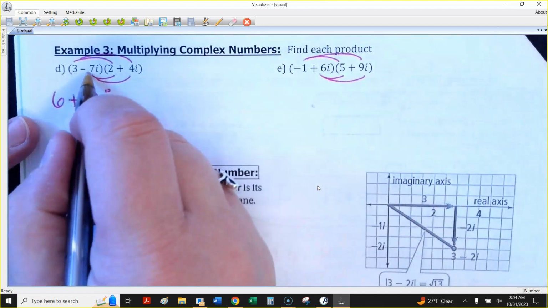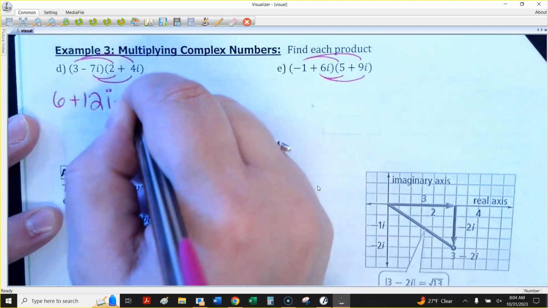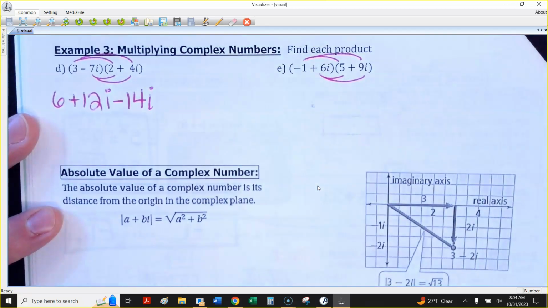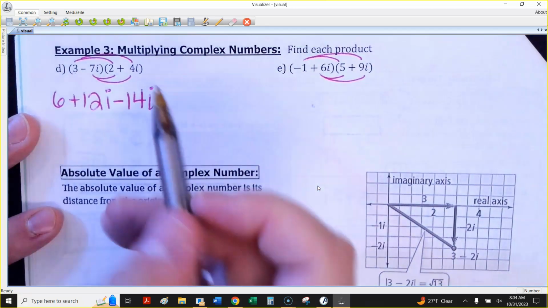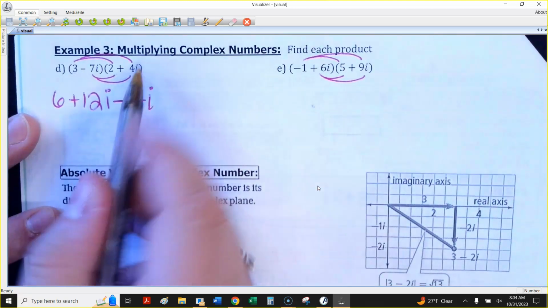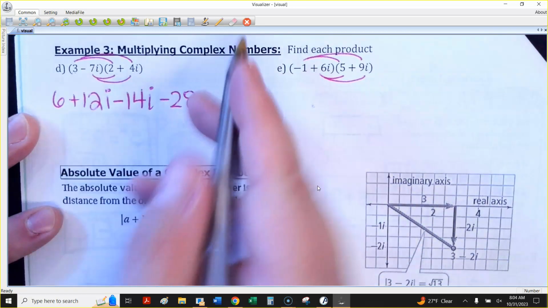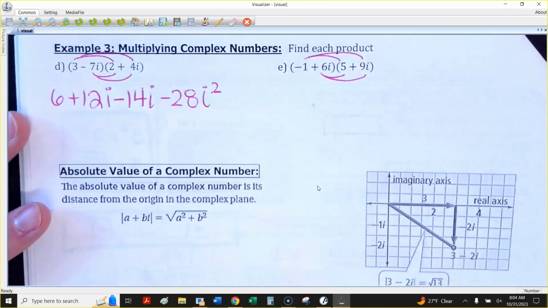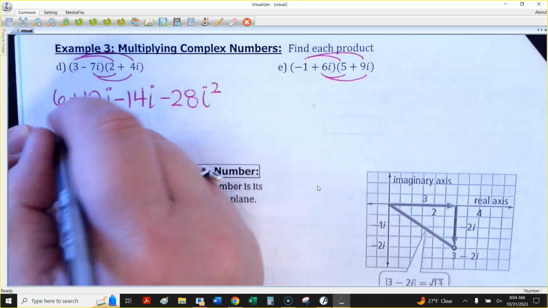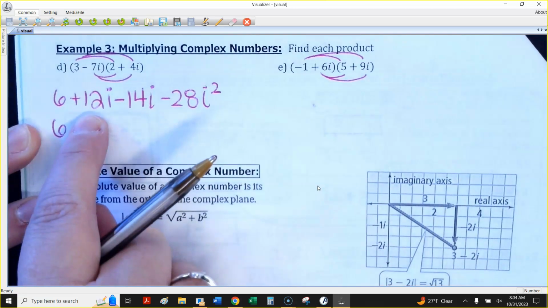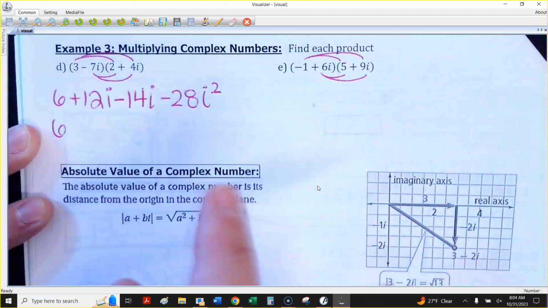Negative 7i times 2 would be negative 14i. All right, now the last term, negative 7 times 4 is negative 28, and then you end up doing i times i, which is i squared. Now, I'm just going to simplify this just a little bit. The 12i and the negative 14i, those are like terms. I'm just going to combine those real quick.